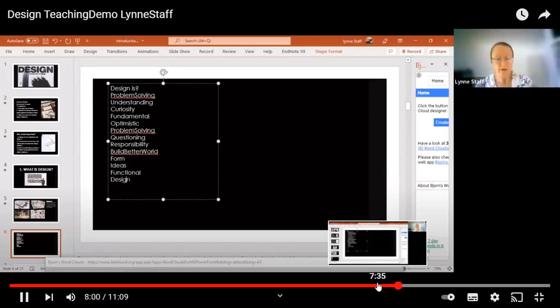Design criteria, well done. Opportunities, needs. Anything else? Sustainability, fantastic.